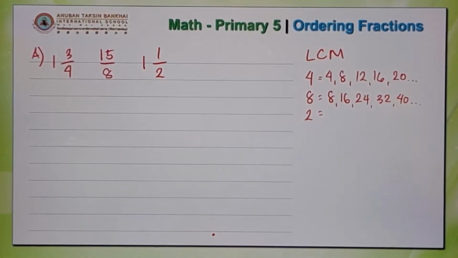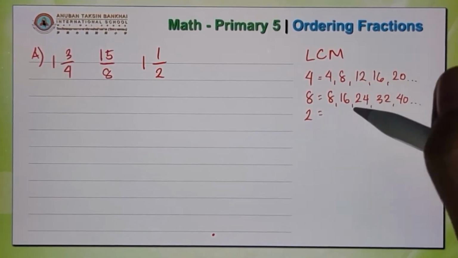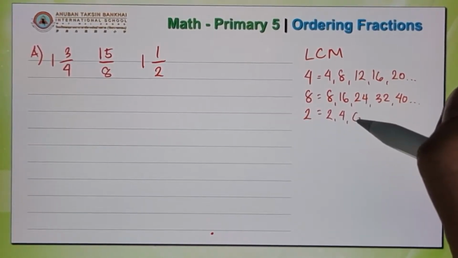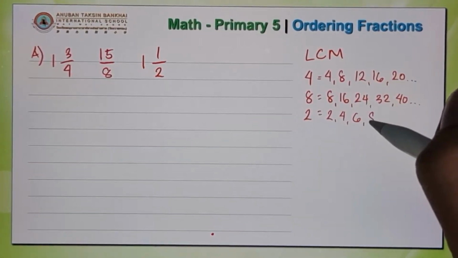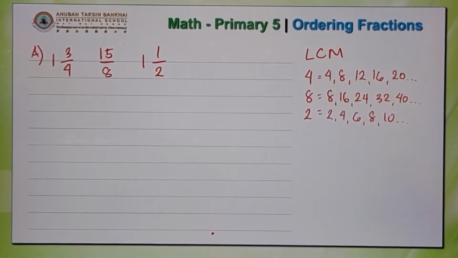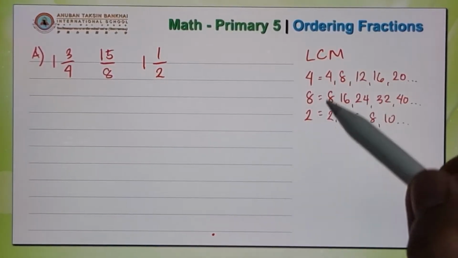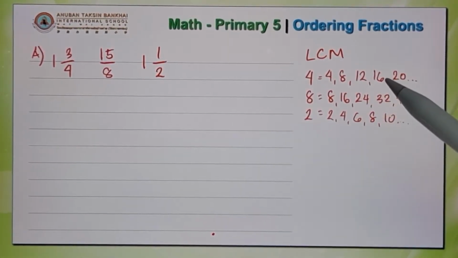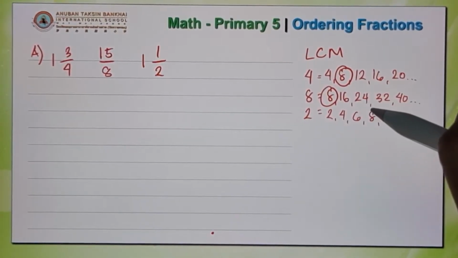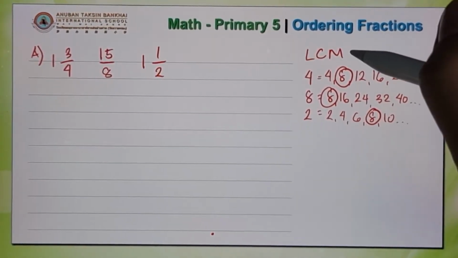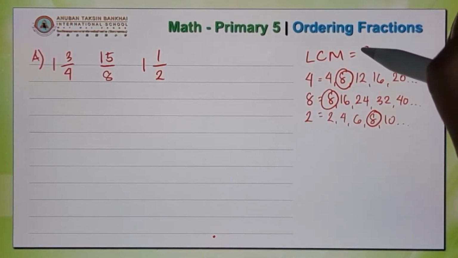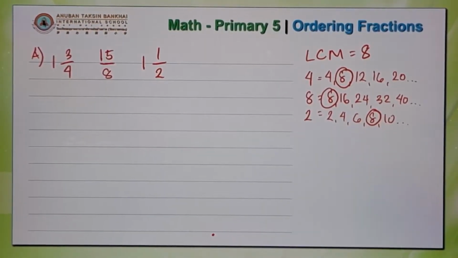Okay. Next, we have 2. So we have 2, 4, 6, 8, 10. Okay, let's have 5 multiples. Now let's check if we have a common multiple. Yes, we have a common multiple here. So you could see that our common multiple is 8. So LCM of 4, 8, and 2, we have 8.